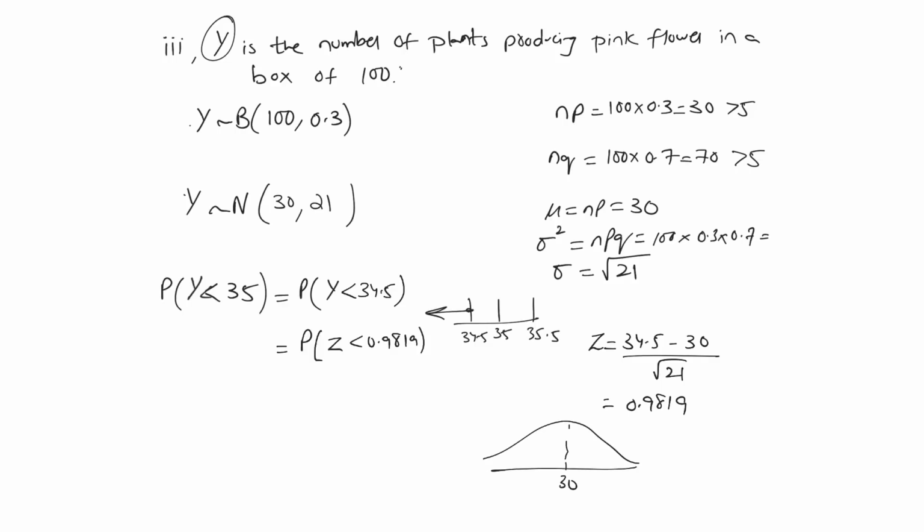The mean is 30, 34.5 is this value, and you need to find this region. So the z value is 0.9819, and you can use your table to find the probability, which is 0.8370, which to 3 significant figures is 0.837.